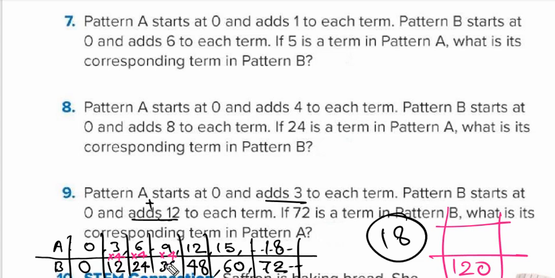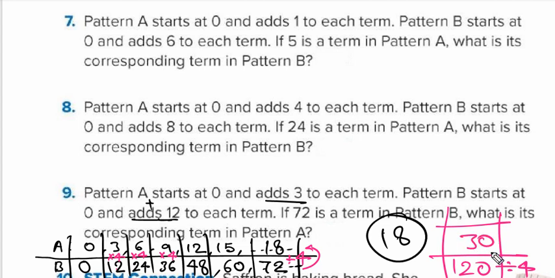So we know that it is times. And similarly, if you go the opposite side, divide. 12 divide 4, 3. 24 divide 4, 6. 36 divide 4, 9. So 72 divide 4 will give you 18. Similarly, 120 divide 4 will give you 30 as your answer.